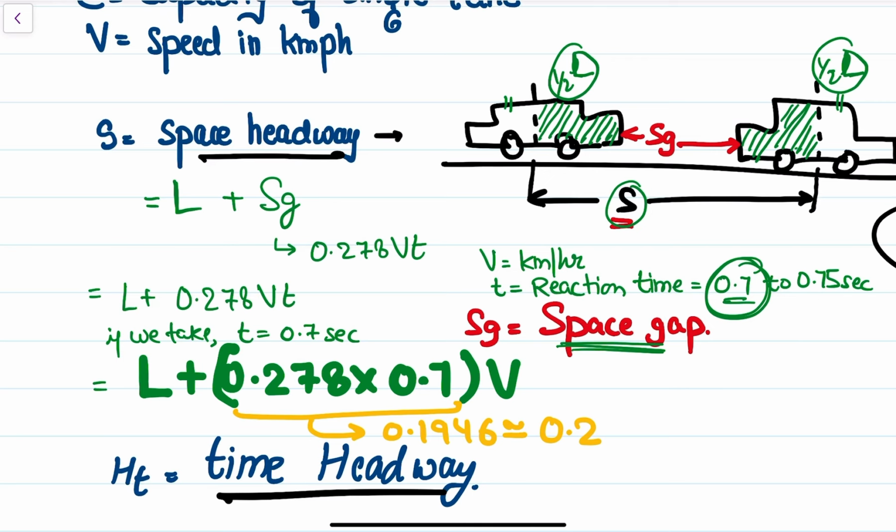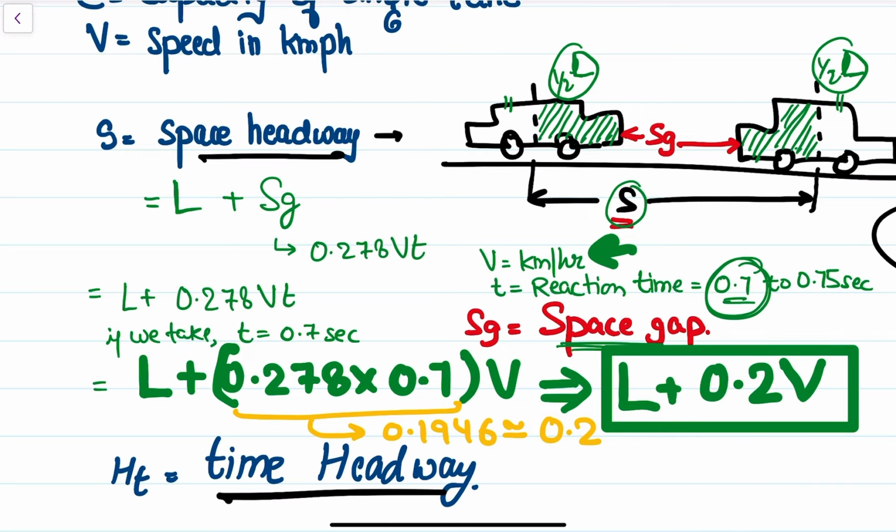Okay, so this expression becomes L plus 0.2 into V, where V is in kilometers per hour.